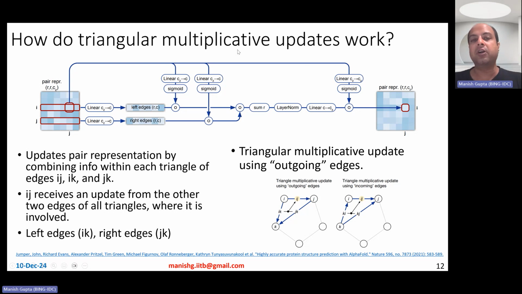You also apply a similar gating, which is derived from the original representation. You multiply this new representation, obtained using information from left and right edges, to get a revised CZ representation at this position.